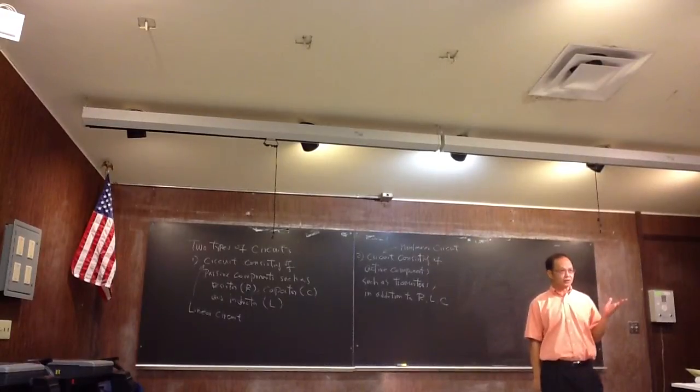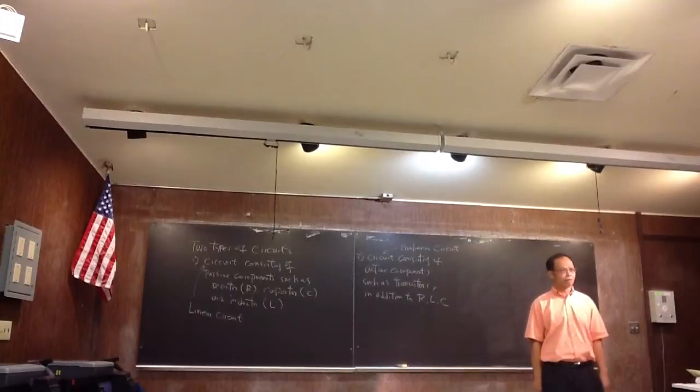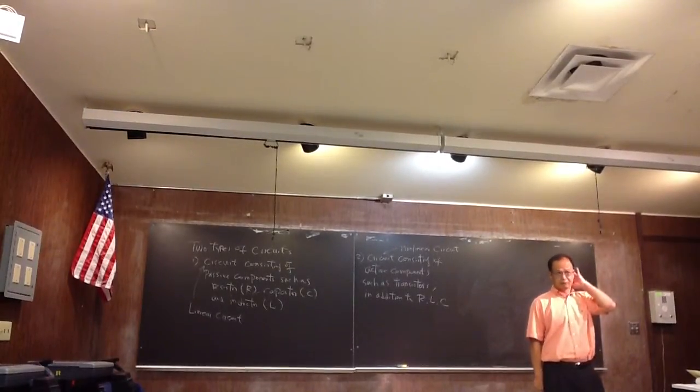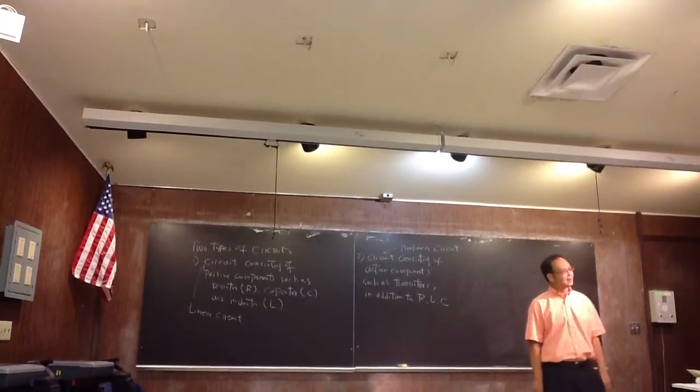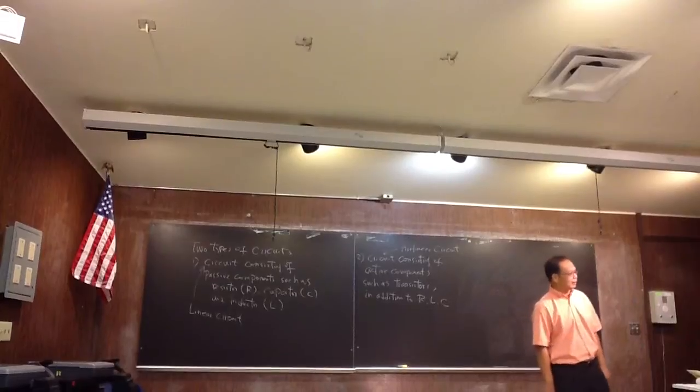You know what a transistor is, right? No? What's a transistor? You never learned about transistors in your physics class? No? Oh, that's physics too. Okay, let me see how I can explain it.